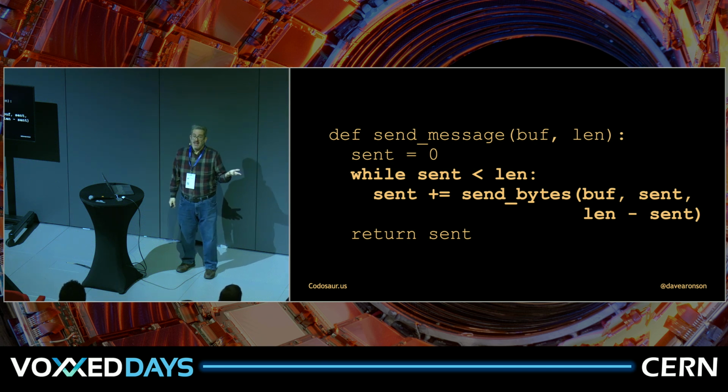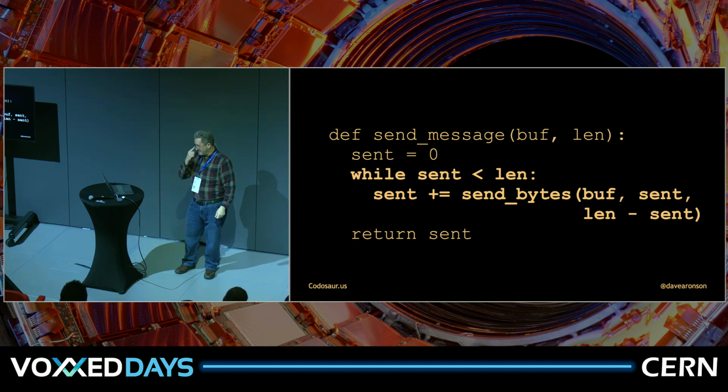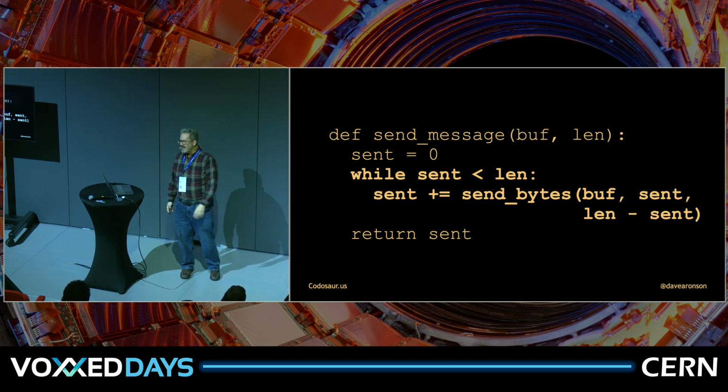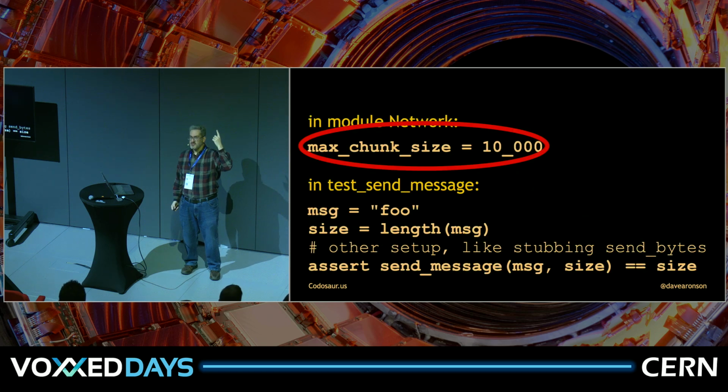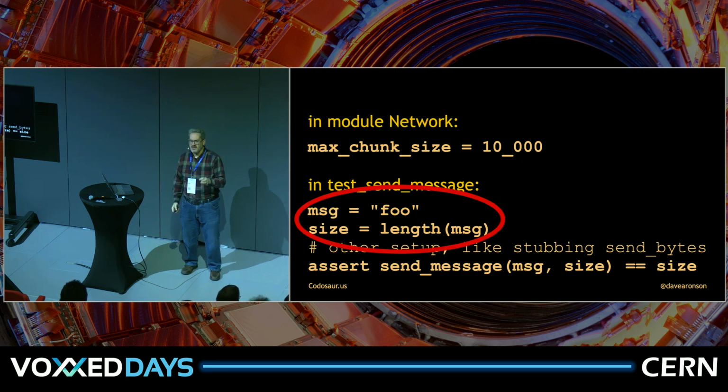There are many ways that can happen, but we're only going to look at two possible cases. The most likely is that we darn well know or should have known that we should have done so, but forgot or just didn't bother. For instance, here we have a maximum chunk size of 10,000 bytes, and yet, for whatever reason, we're only testing with an itty-bitty 3-byte message.